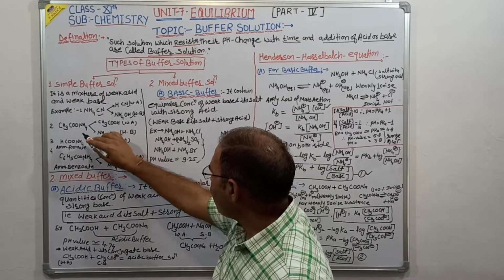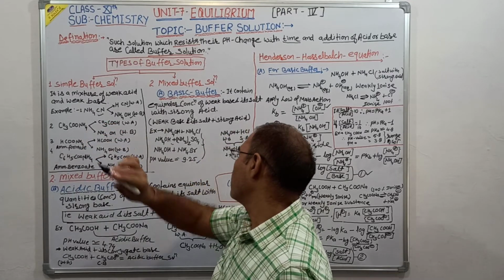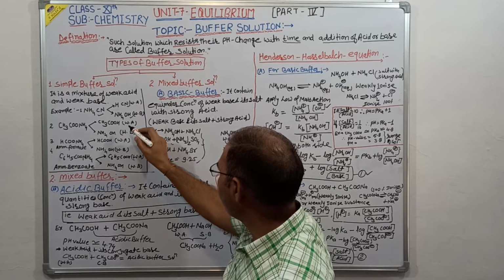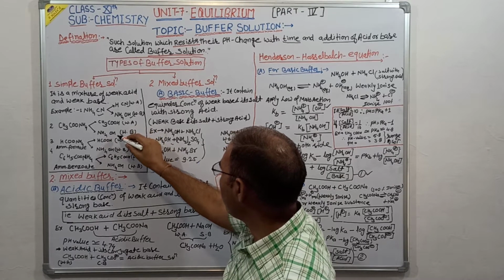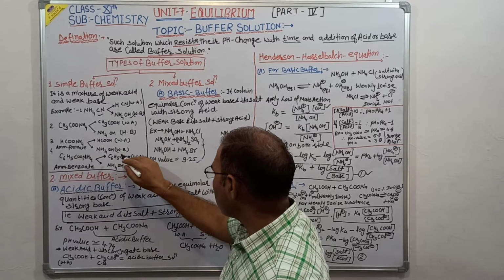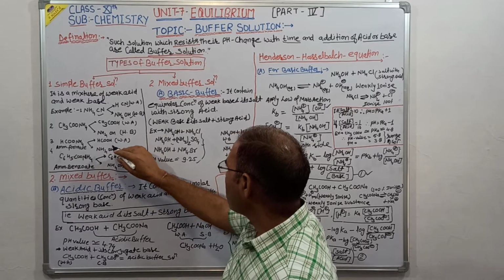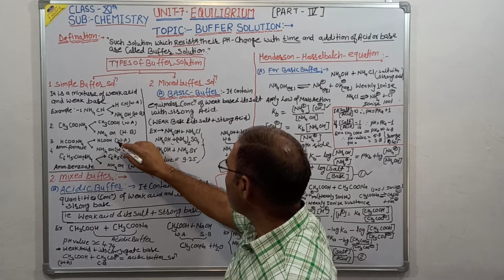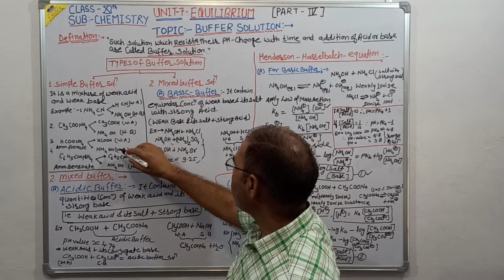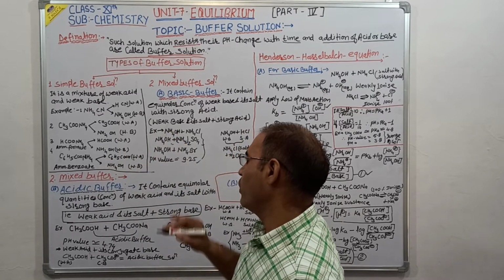Another example is ammonium acetate, a mixture of acetic acid and ammonium hydroxide, and ammonium formate is an example of a simple buffer, where formic acid is a weak acid and ammonium hydroxide is a weak base.